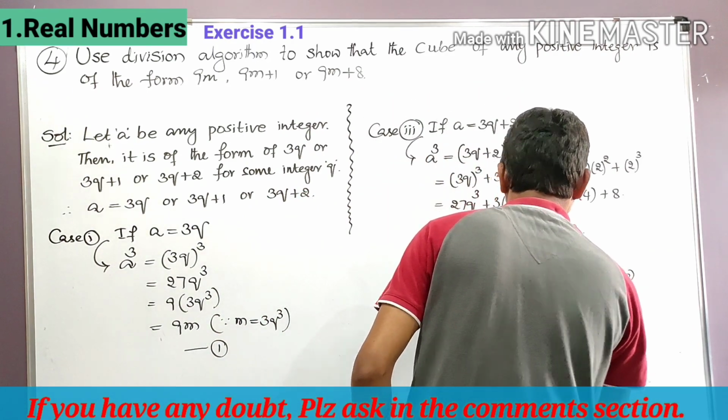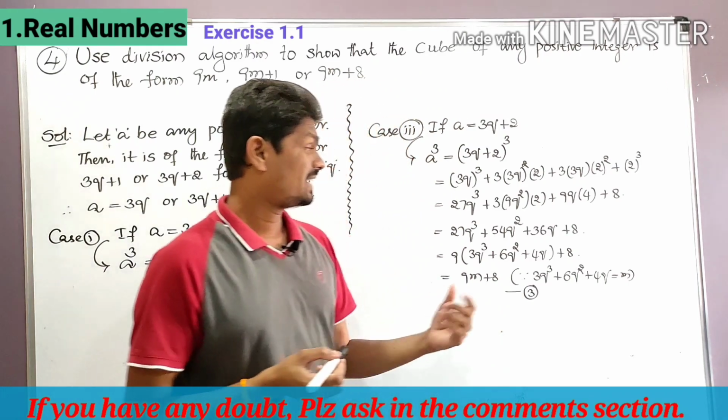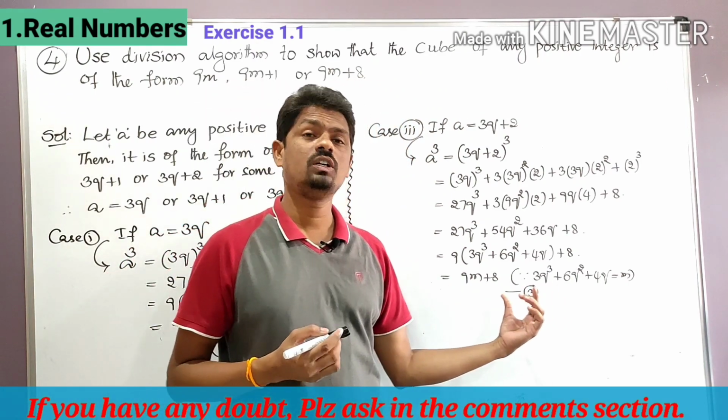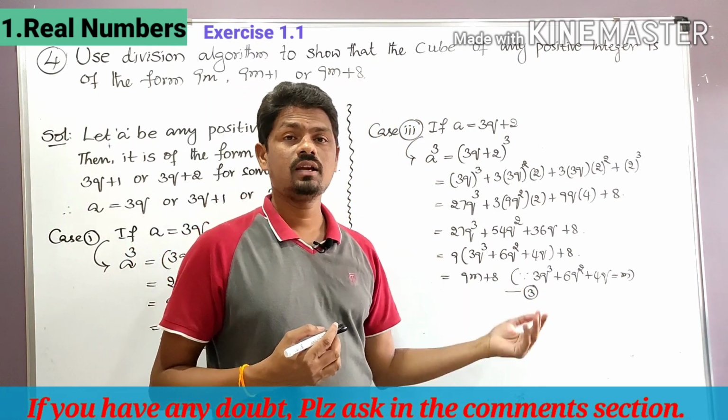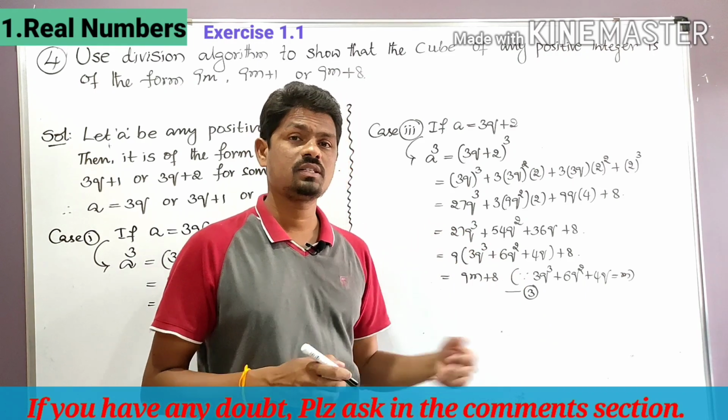So from equations 1, 2 and 3, we can decide that the cube of any positive integer is either of the form 9m or 9m plus 1 or 9m plus 8.